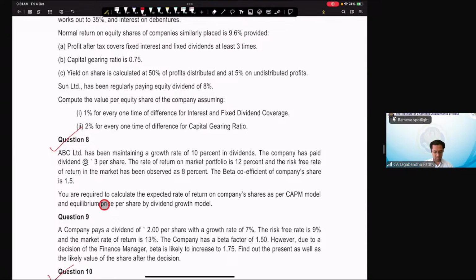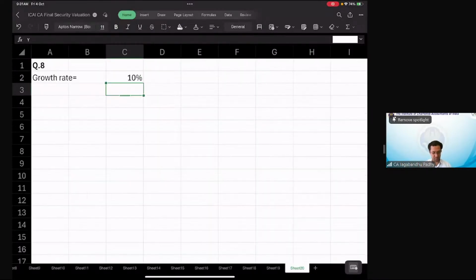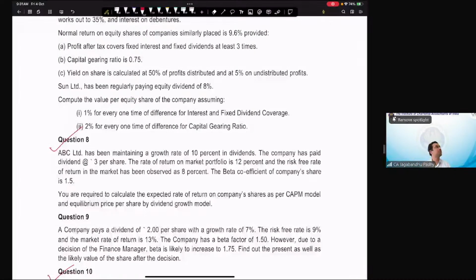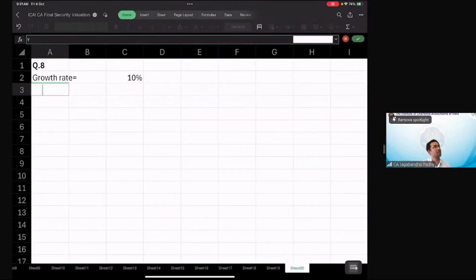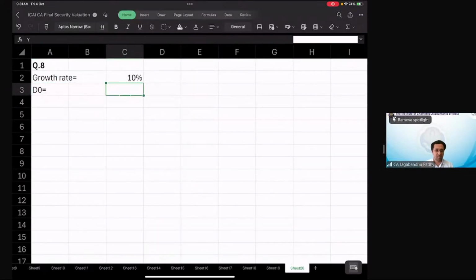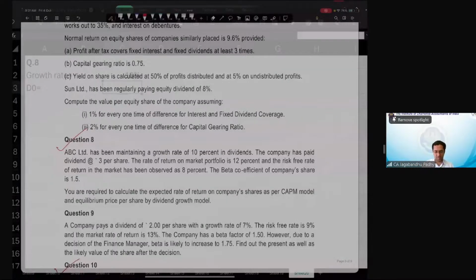So growth rate is 10%. The company has paid dividend at rupees 3 per share. So D0 is 3 per share. Then the rate of return on market portfolio is 12%. So can I say this is RM?